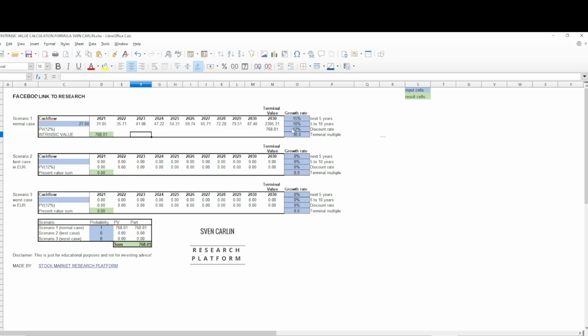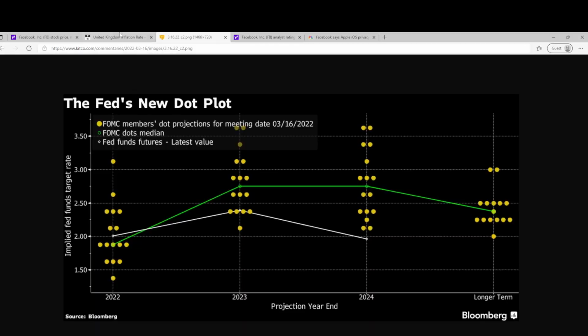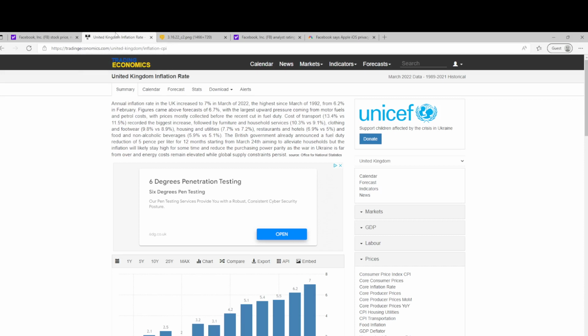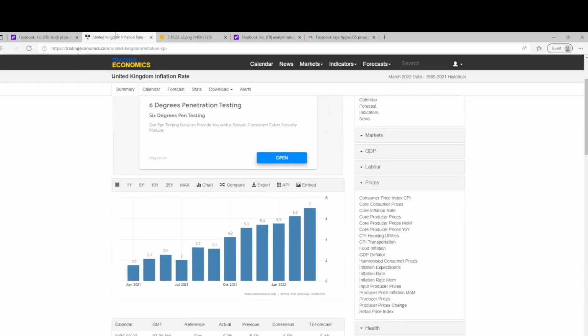And then, as I say, part of the reason for the interest rate rises is inflation. This is the UK CPI inflation. Most major economies are quite similar.